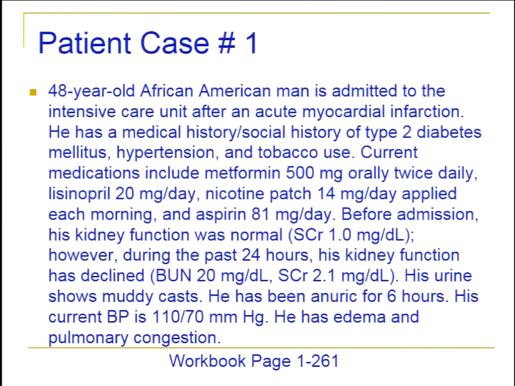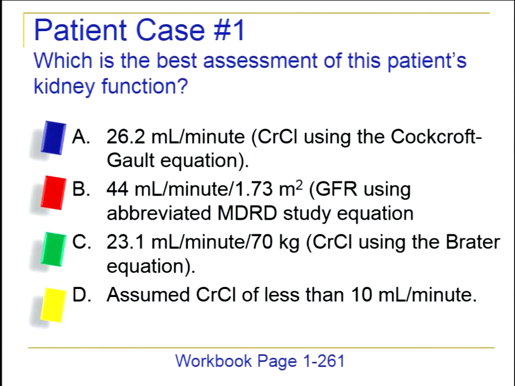His BUN is 20, and his serum creatinine is now 2.1, so it's more than doubled. His urine shows muddy brown casts, and he's been anuric for the last 6 hours. Currently, his blood pressure is 110 over 70, but he has significant peripheral and pulmonary edema. So our question is, what's the best assessment of this patient's kidney function?